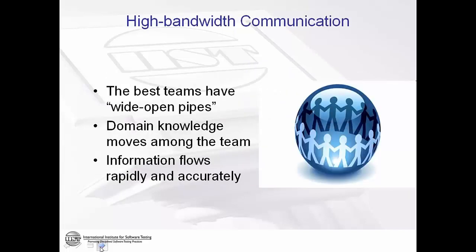High bandwidth communication. Best teams have wide open pipes. This is connected to the idea of short feedback loops. If we're moving information among our team about defects and defect remediation, and you can have that accelerate among the communication paths of the team with rapid information flow, we find that's also what drives the slope of that Rayleigh defect curve down in an accelerated fashion.